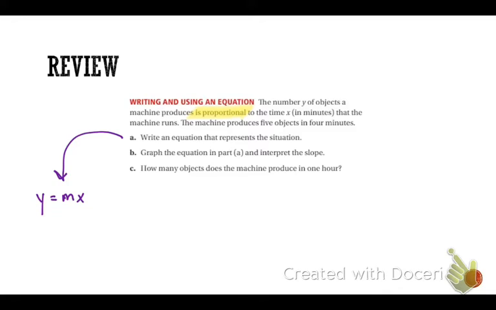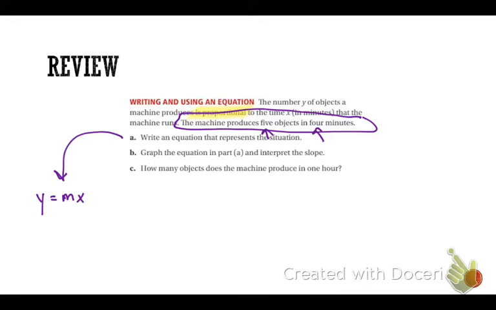So now I have to recognize, what did Y stand for? The number of objects a machine produces. What did X stand for? Minutes. So now it gives me this information at the end. I need to know, where do I plug in the 5 and where do I plug in the 4?